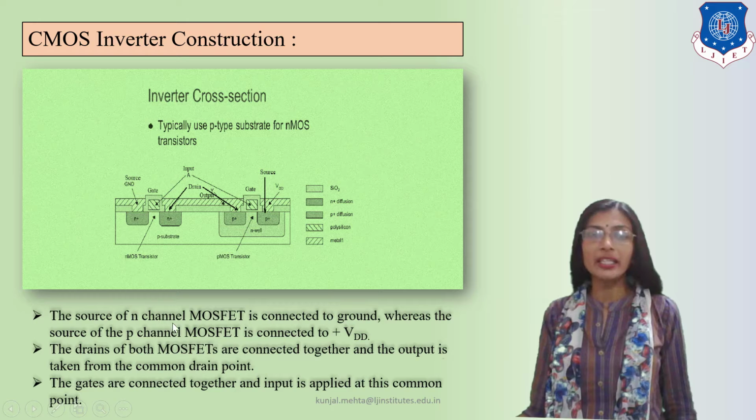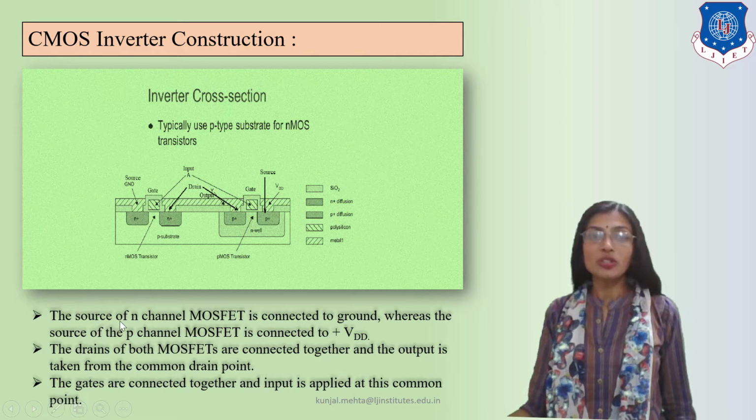The source of N-channel MOSFET is connected to the ground, whereas the source of P-channel MOSFET is connected to the plus VDD. Now, let me come to the point of terminals. Which are the three terminals? Source, drain and gate.